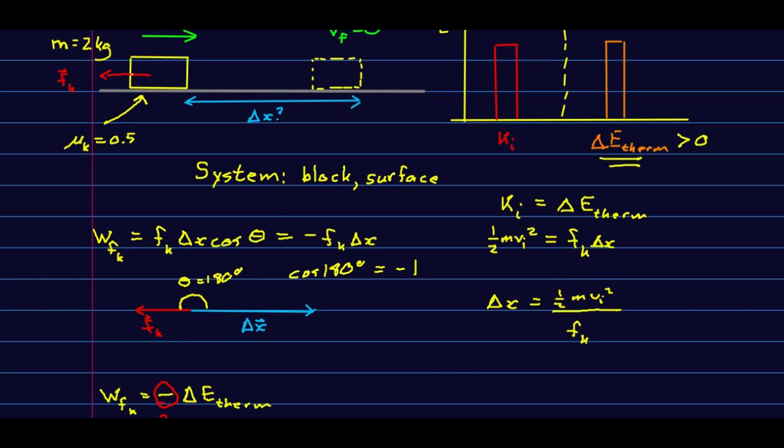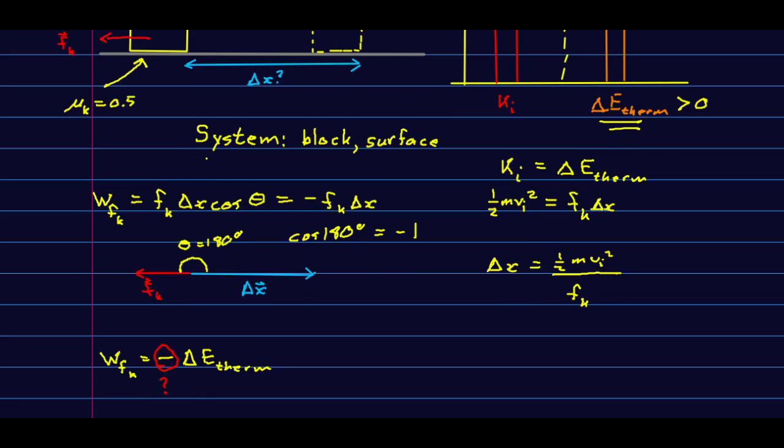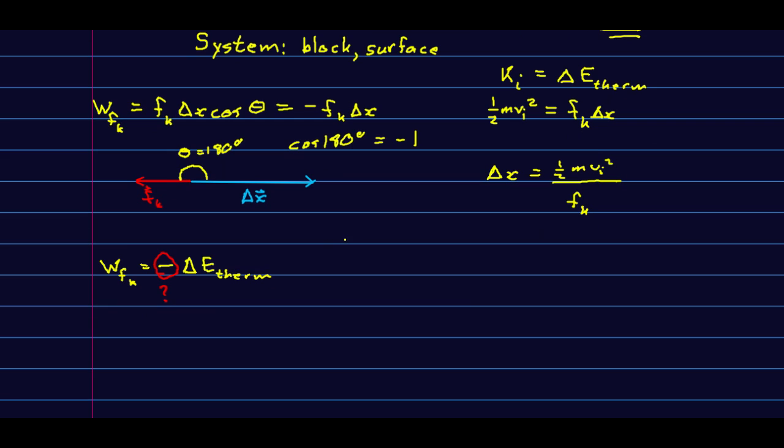This is one of these simple cases where we're on a flat surface and nothing's accelerating up or down. And so Fk for once is just mu k mg. So we have a half m vi squared over mu k mg. We have mass in the top and bottom.